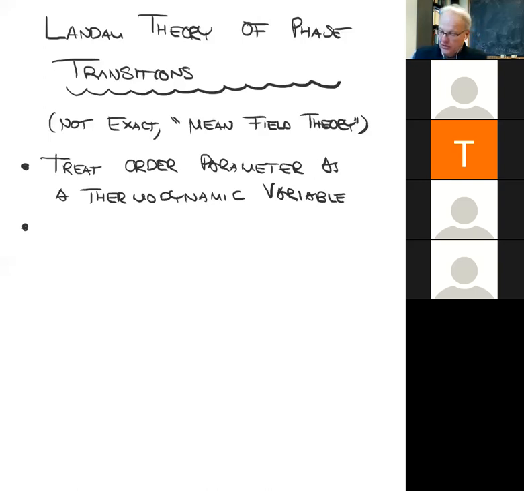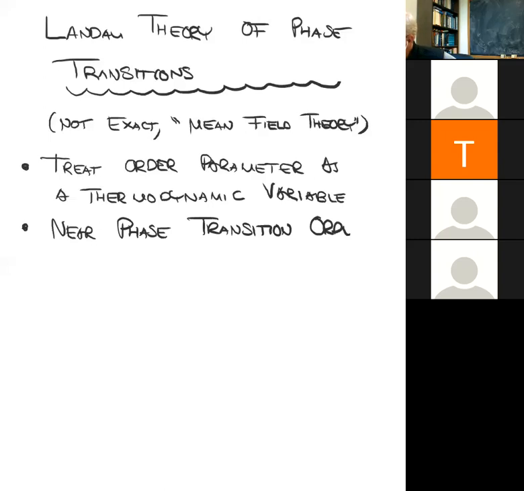So what I will assume is that I'm near the phase transition, so that the magnitude of that order parameter is small in some suitable sense. We still have to answer at some point small compared to what, but we'll get to that.